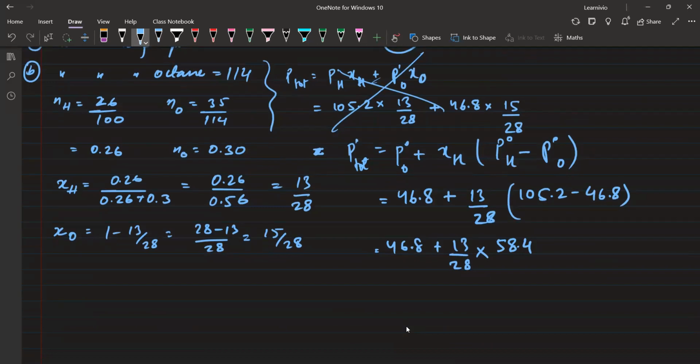Okay, now you just need to multiply these values. What do you get for 13 by 28? Approximately around 0.5, you must be getting, right? What value are you getting? 0.46 for 13 by 28.